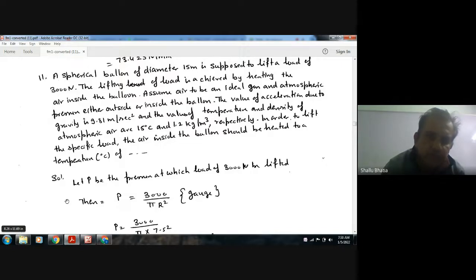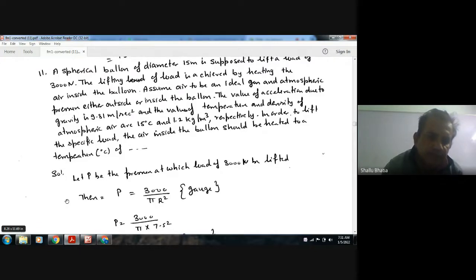The value of acceleration due to gravity is 9.81 meter per second square, and the temperature and density of atmospheric air are 15 degrees Celsius and 1.2 kilogram per meter cube respectively. In order to lift the specified load, the air inside the balloon should be heated to a temperature of dash degrees Celsius.